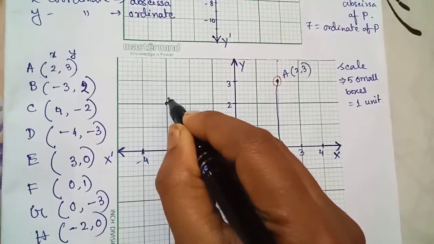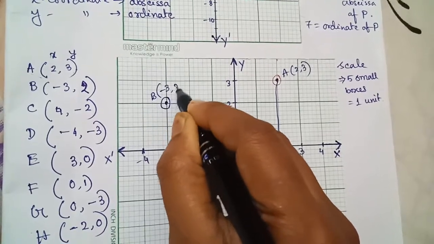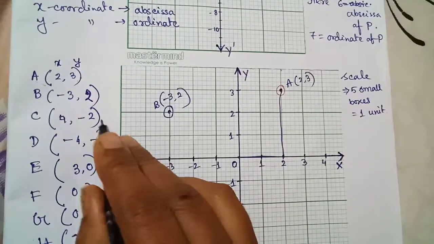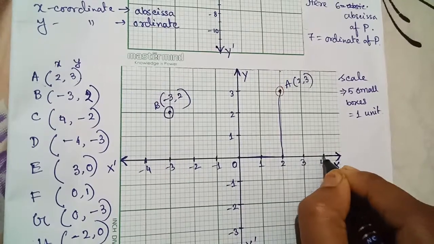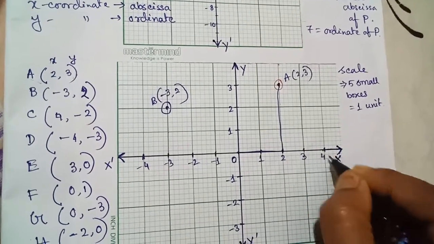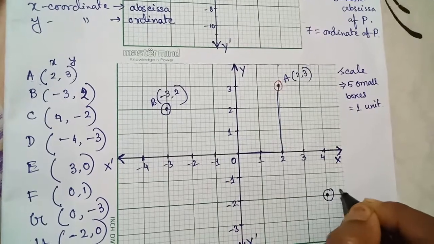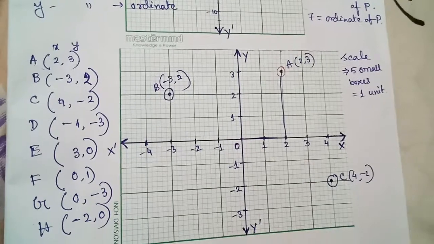That means this point is B minus 3 comma 2. Simple. Next 4 comma minus 2. So we will start from 0, 1, 2, 3, 4. Then minus 2 means downward. So 1, 2. This point. And this is C, 4 comma minus 2.